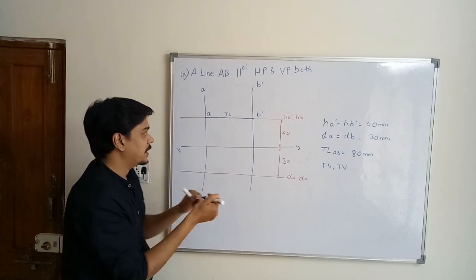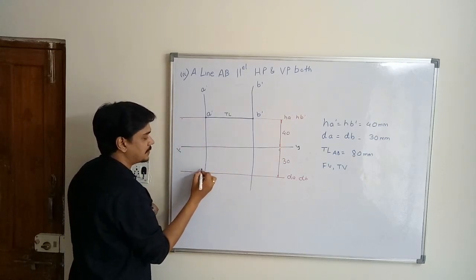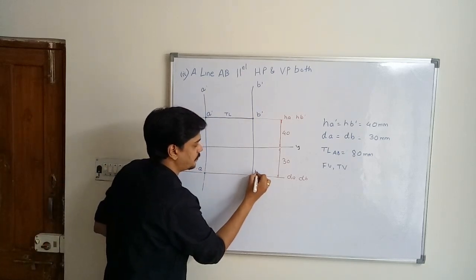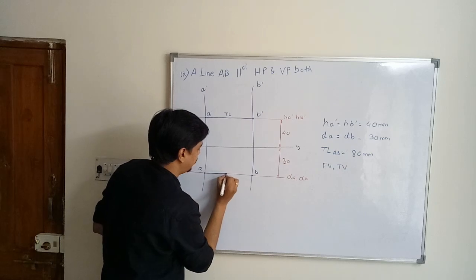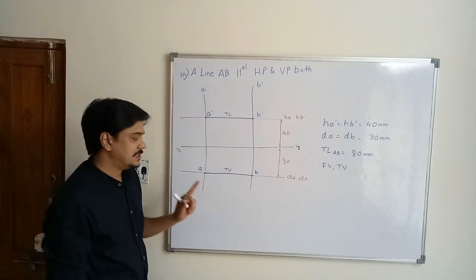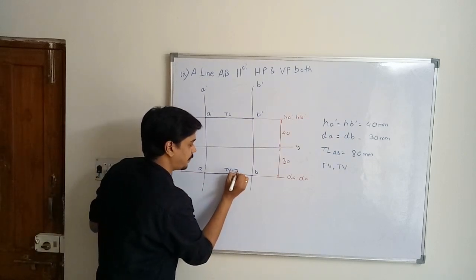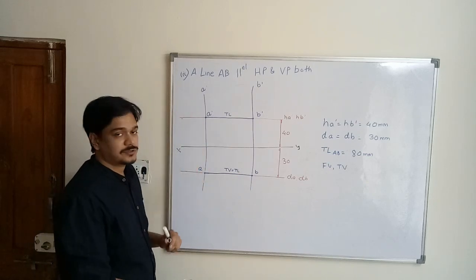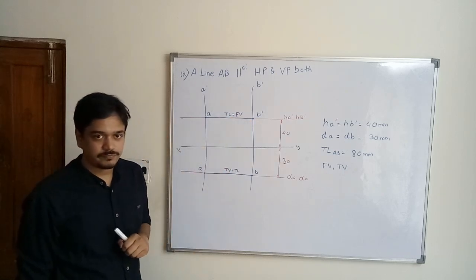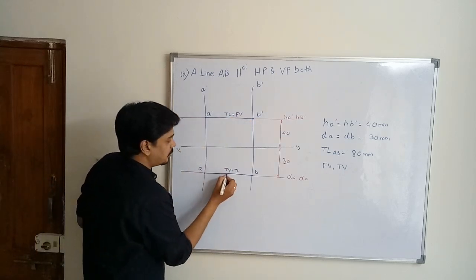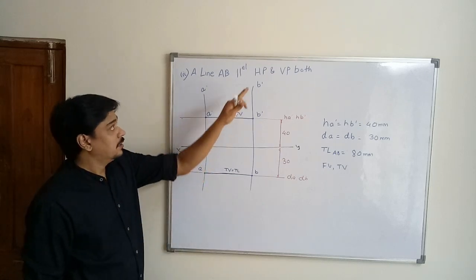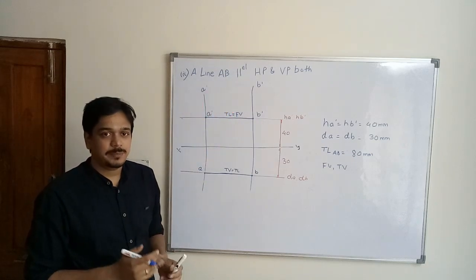So you will get the same length, that is this as A and this as B. So again this represents the top view, which is equal to true length. And again this is true length, which is nothing but equal to front view length. Now this is the projection of a line parallel to both HP and VP.